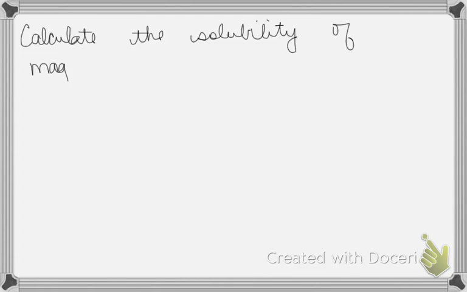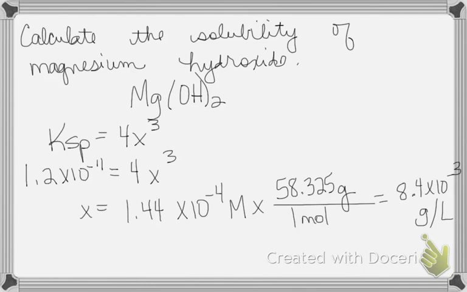Calculate the solubility of magnesium hydroxide. I got 58.32.